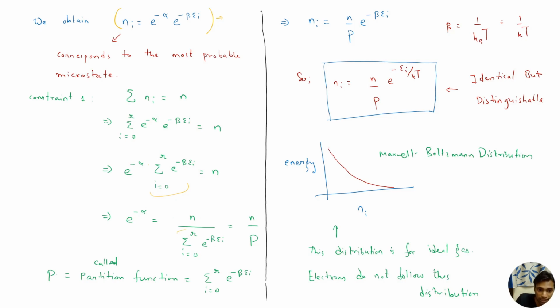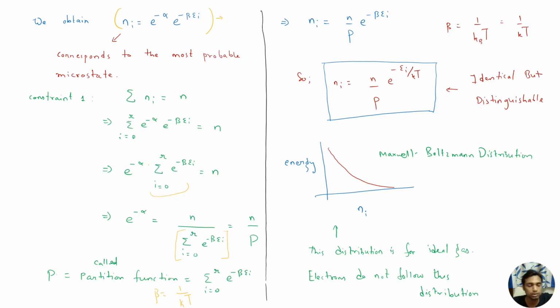Now this quantity has a very special name: it is called the partition function, which we denote as P. P is the sum over e to the power minus beta ei, and this beta turns out to be 1 by kBT, where kB is the Boltzmann constant and T is the temperature.